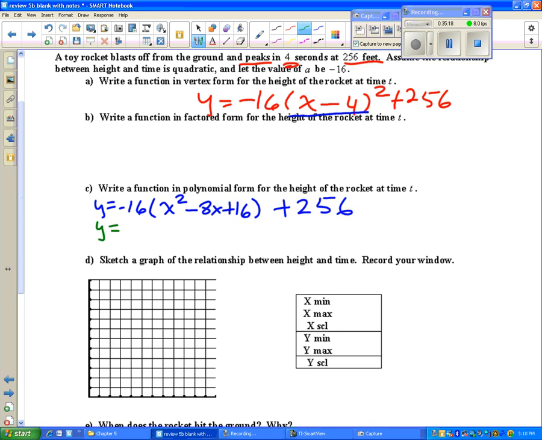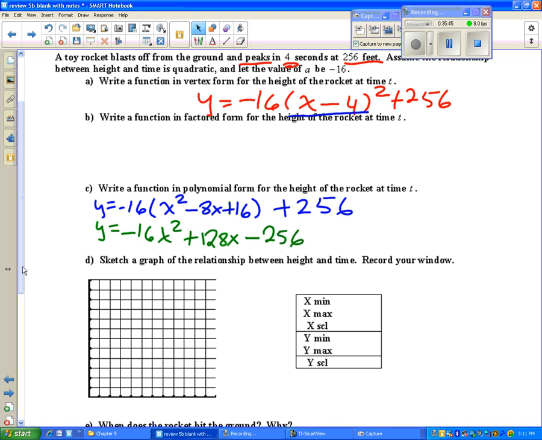Y is equal to negative 16x squared plus 16 times 8, which is a positive 128x. 16 times 16 is going to be a negative, because it's a negative 16 times 16, a negative 256.